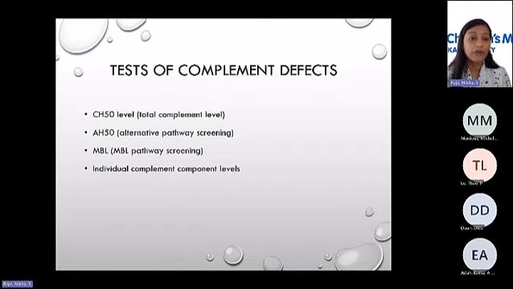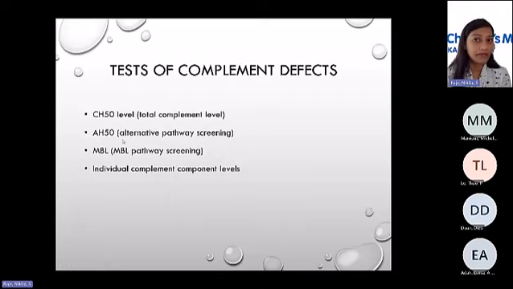All right, moving on, testing for complement defects. The screening test looks at the overall picture for the classical pathway by CH50 level, alternative pathway AH50 level, and then there is another one called MBL. However, MBL testing is really controversial. A lot of people might be walking around with low MBL and not have any issues.